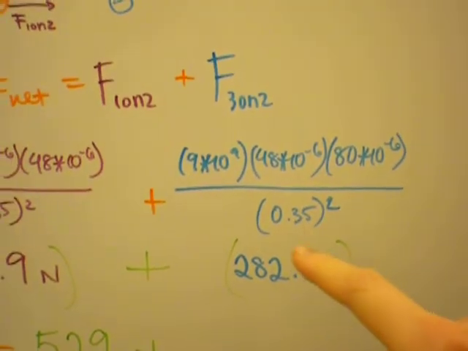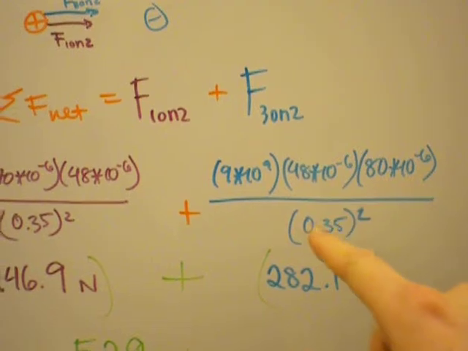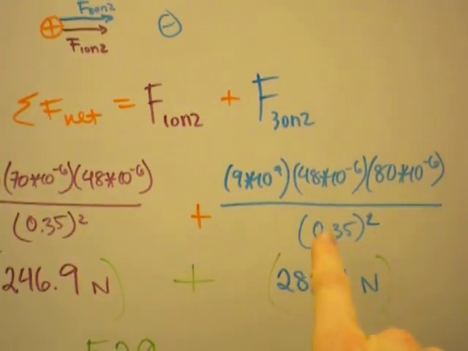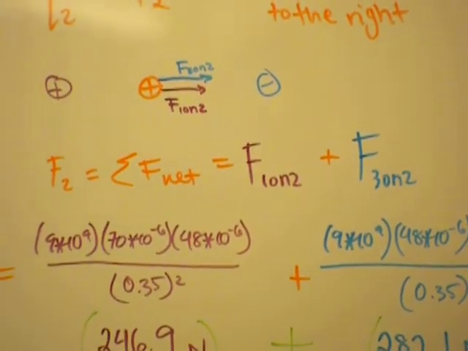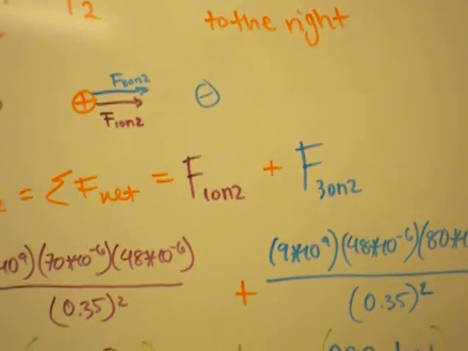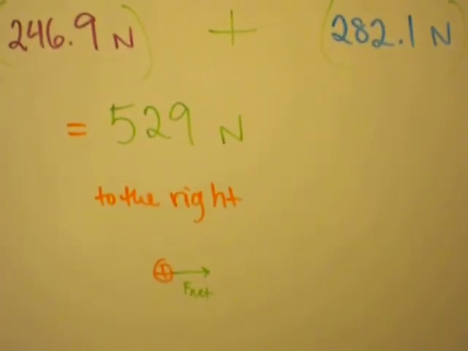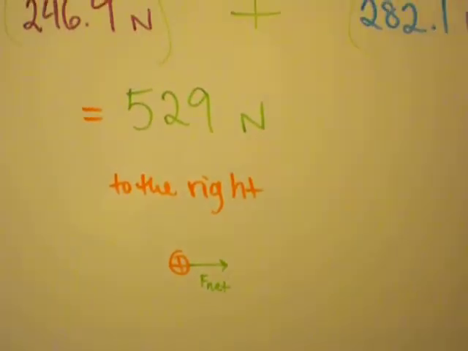Add it to the force from charge 3 on charge 2. And as you can see, the 2r squared here is the same. That's because charge 2 is in the middle of the two, so the r is the same on either side, obviously. So now to that we get 529 newtons to the right. The net force is to the right.